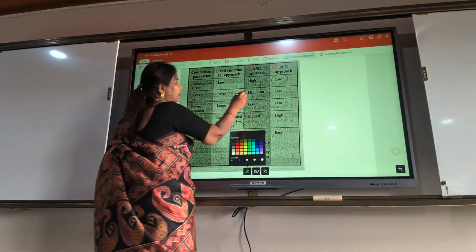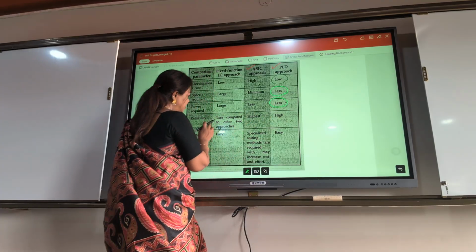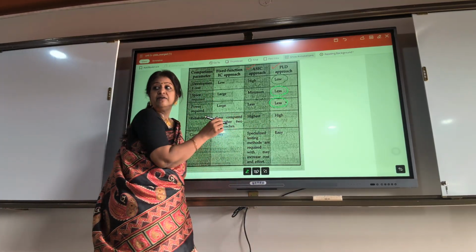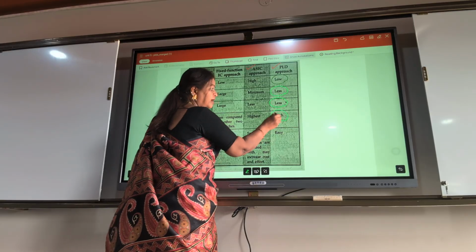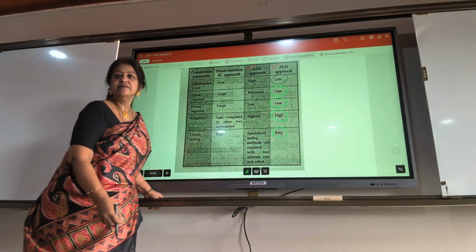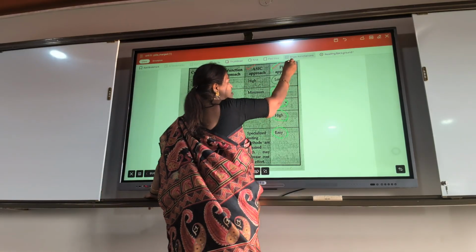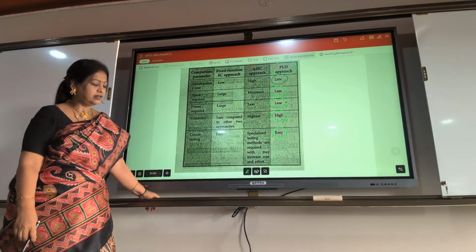Space required is less in PLDs. Power required is less in PLDs. Reliability means trusting that particular device, how it will work, and it has high reliability. Circuit testing is easy. That is why we are choosing programmable logic devices.